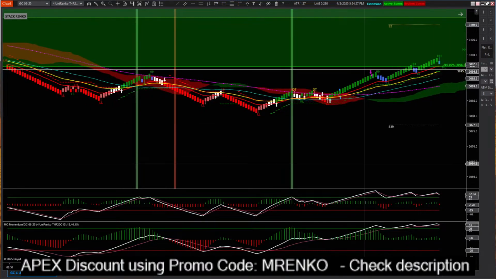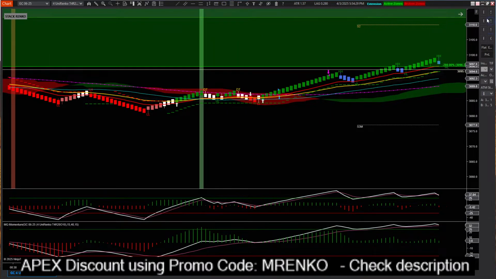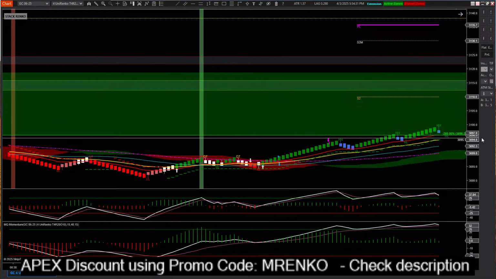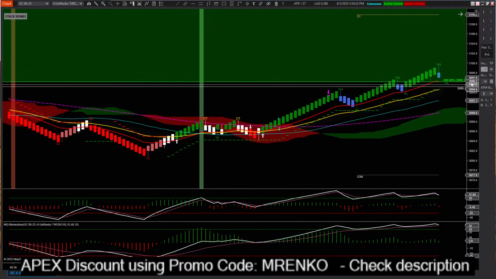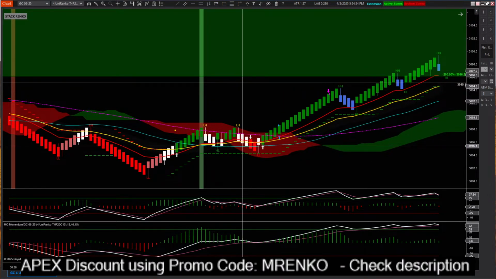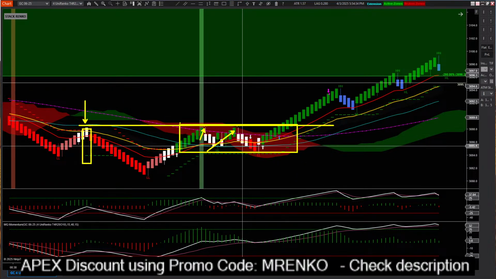So you can see here that you have a range in this area, right? You have a top, and I said another top back here. So you have an area that was already a well-defined resistance area.